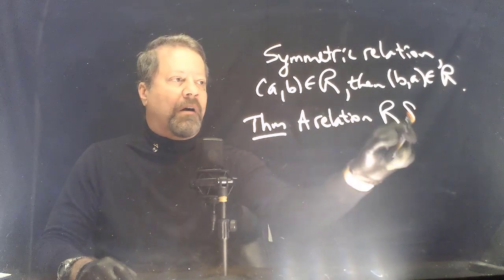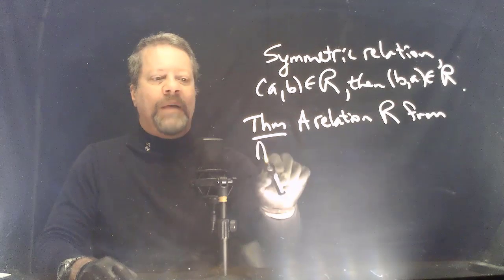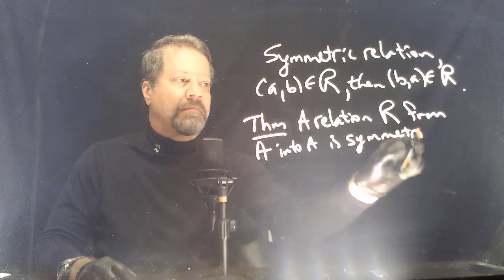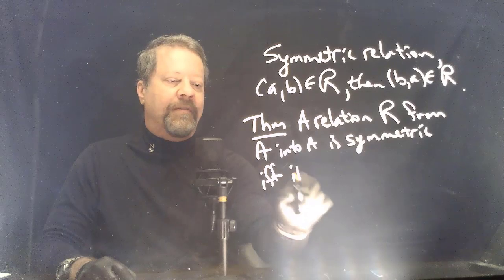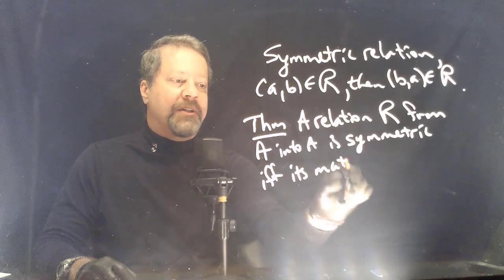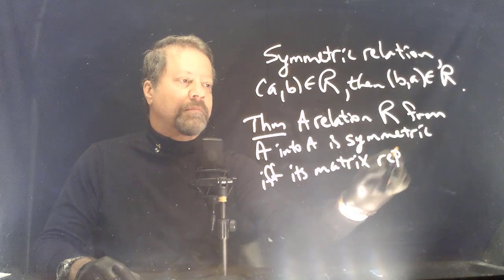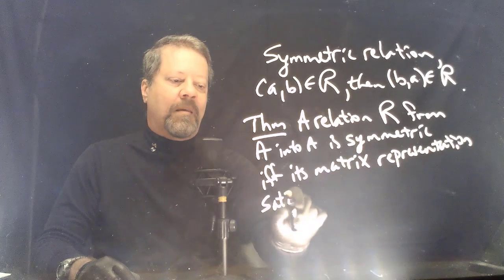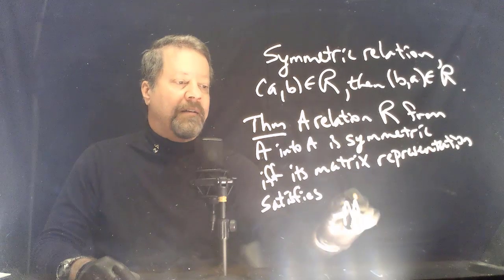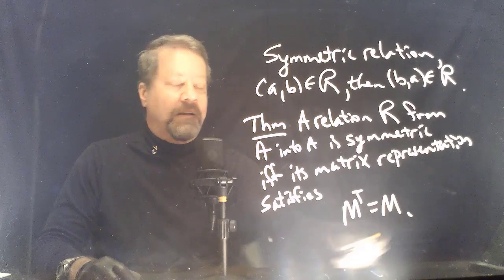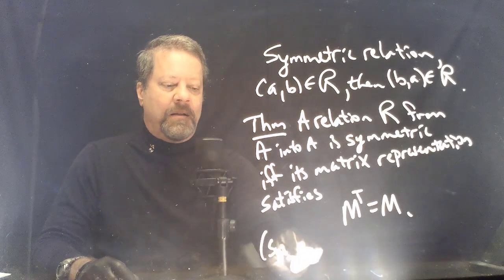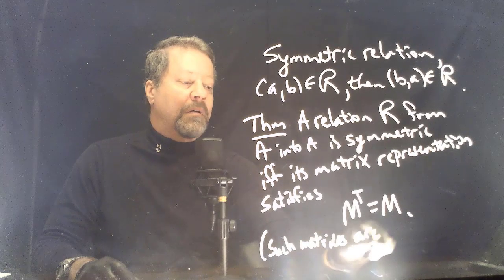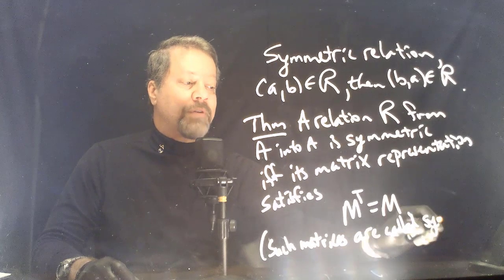A relation R from A into A is symmetric if and only if its matrix representation satisfies M transpose equals M. Such matrices are called symmetric.